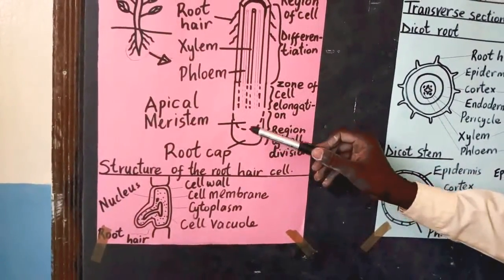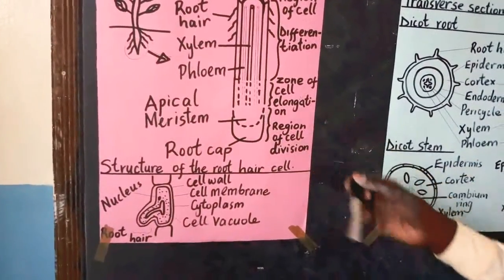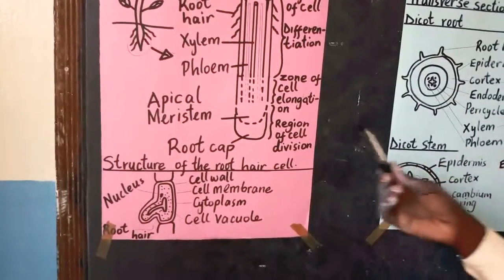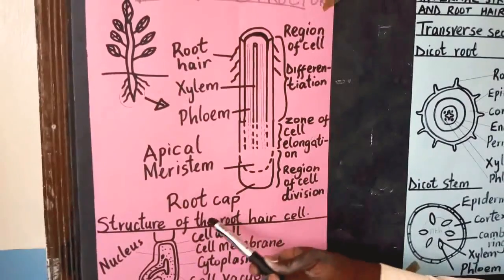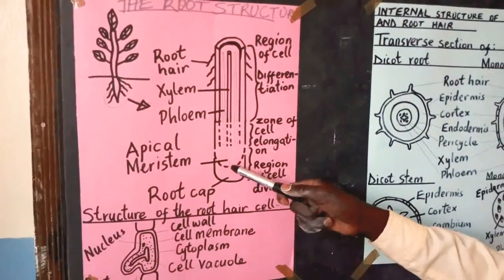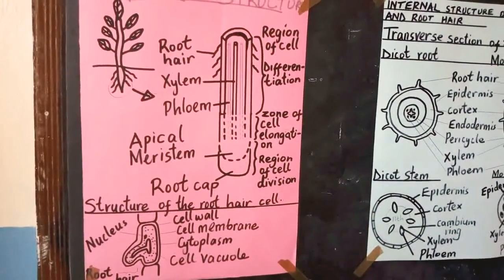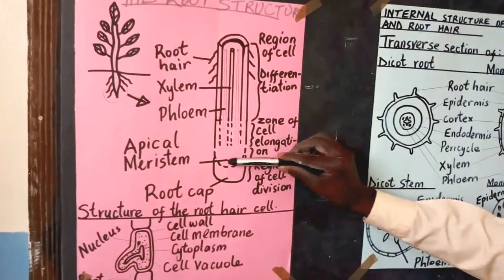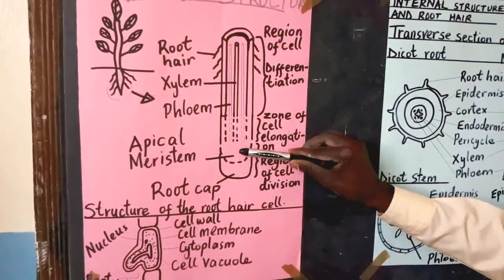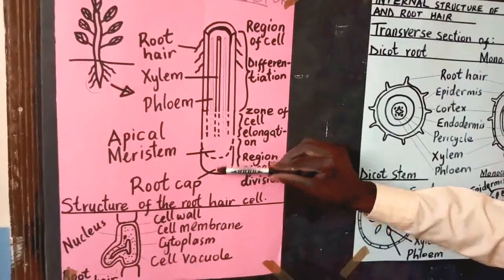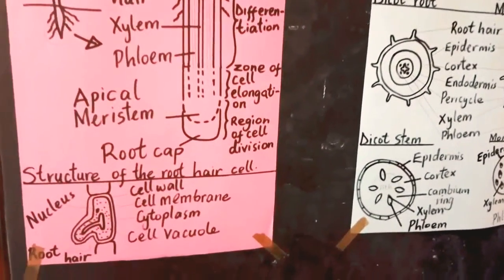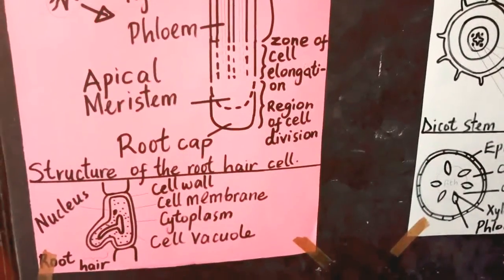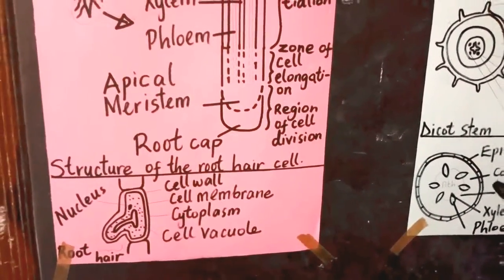and when they increase in number, they end up occupying a larger space. A larger space being occupied will push the root cap away from the apical meristem, because all these cells require to occupy that space, and in that process there is an increase in the size of the root, and that is how the process of growth takes place in plants.